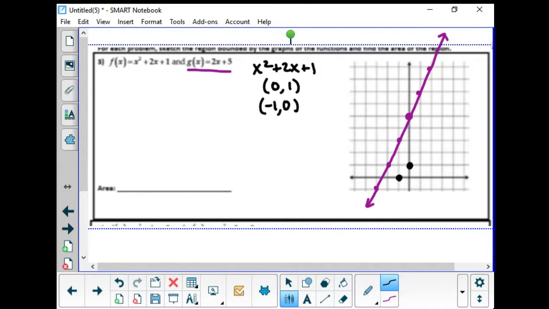Okay. I've graphed, and if I graph this on my calculator, I can see pretty quickly there's one of the intersection points. And so here comes the parabola once I get an idea of where the vertex is.